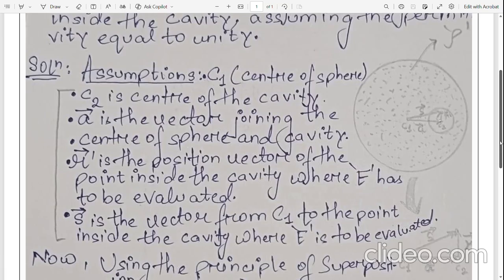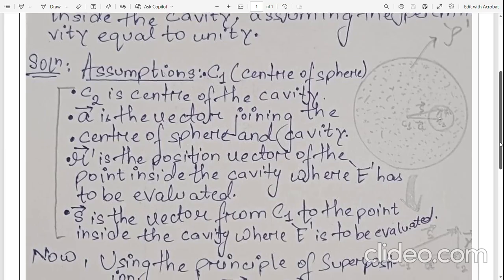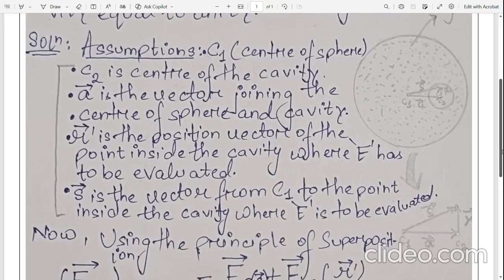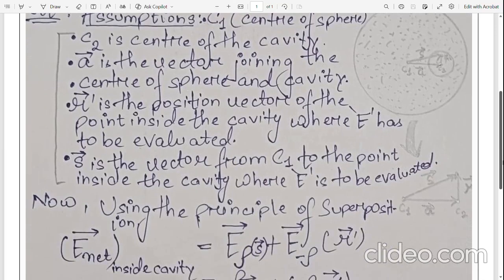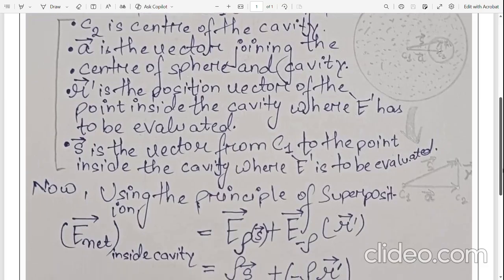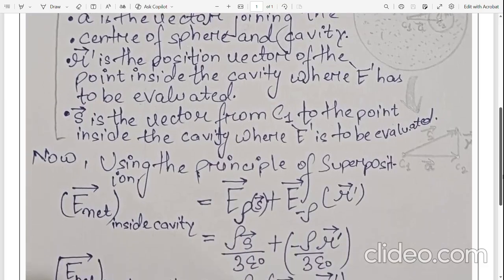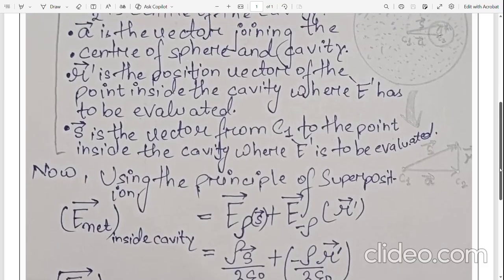So we'll use a special approach here, and the approach is the principle of superposition. We can treat this problem in two parts. If we have to find the electric field at a point inside the cavity, we will first find the electric field due to the entire sphere, having the position vector s.